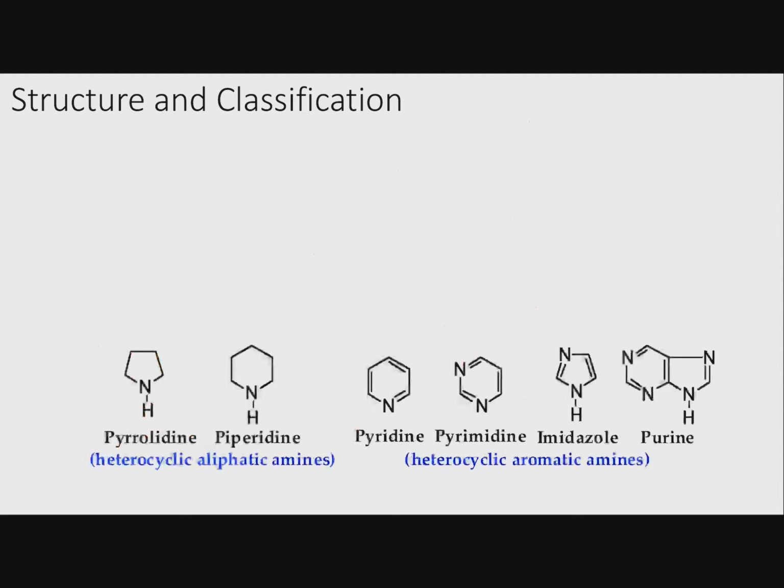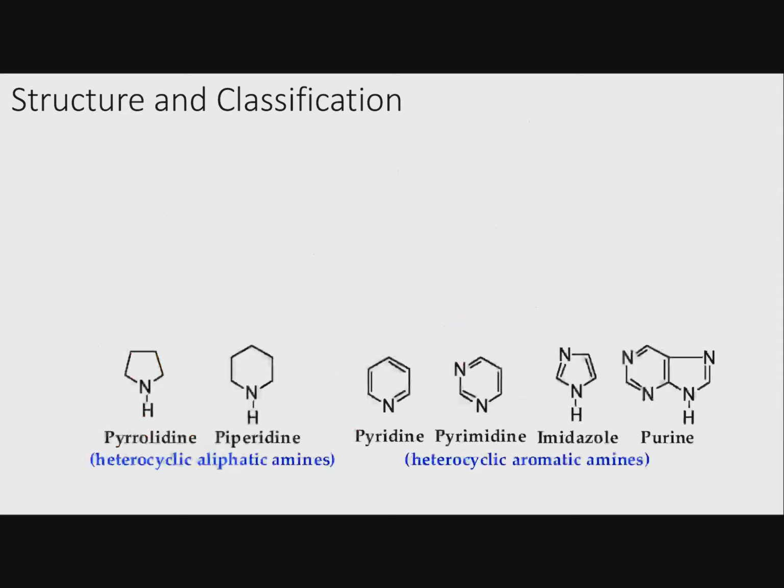Now, we can continue talking about the cyclic amines and actually talk about 2 different kinds. Now we can talk about the heterocyclic aliphatic amines and the heterocyclic aromatic amines. And so you can see here the difference is that in the heterocyclic aliphatic amines we don't have any conjugated double bonds.